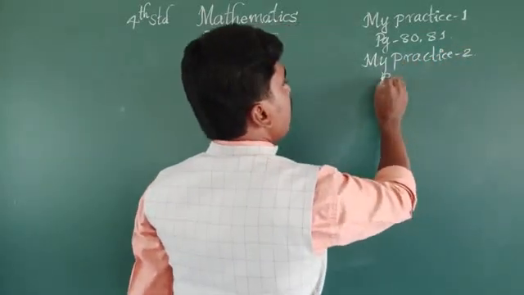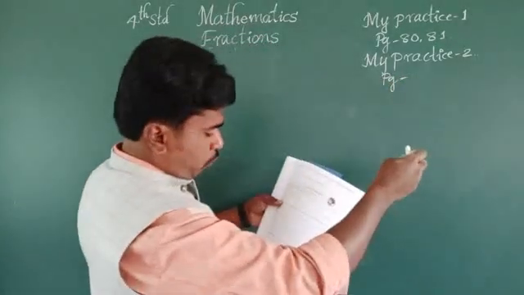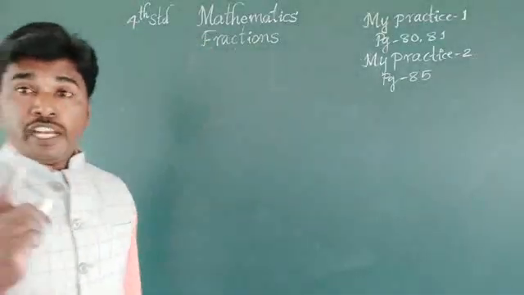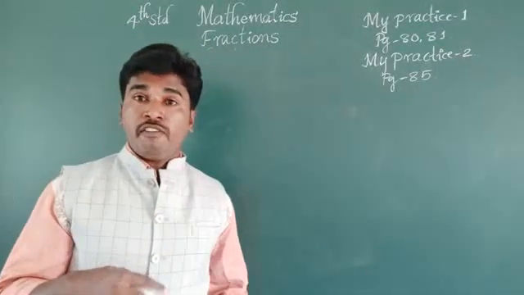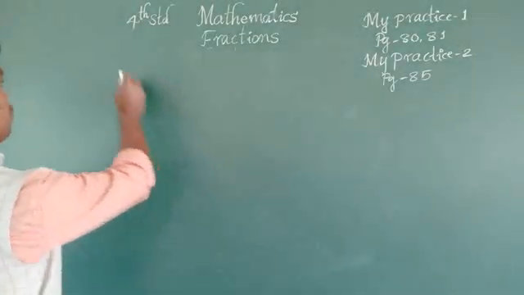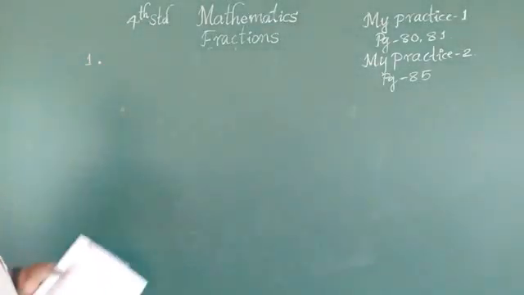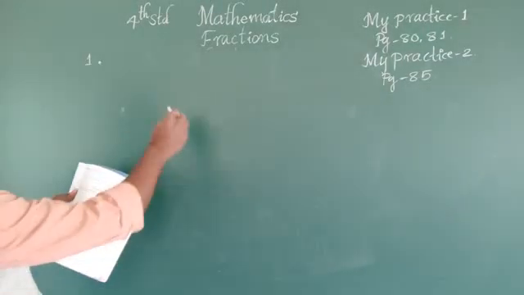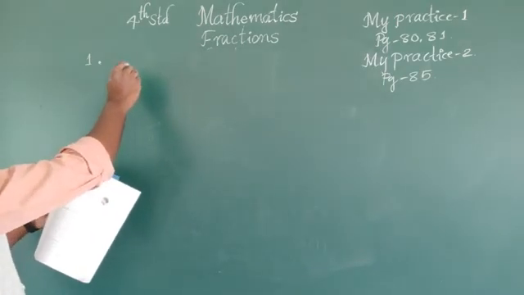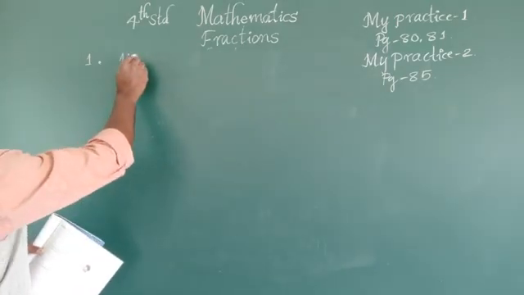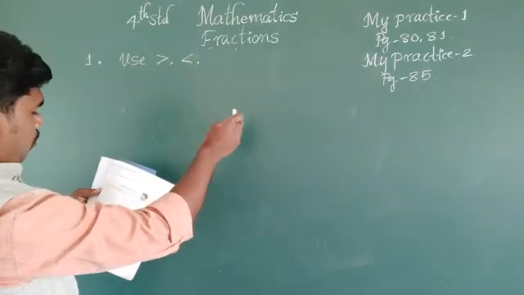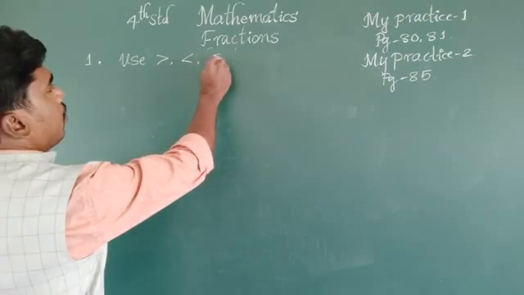It is there on page number 84, 85. Dear children, it is very important. These types of questions will come in higher classes also. First one: use diagrams. Use greater than or smaller than sign.